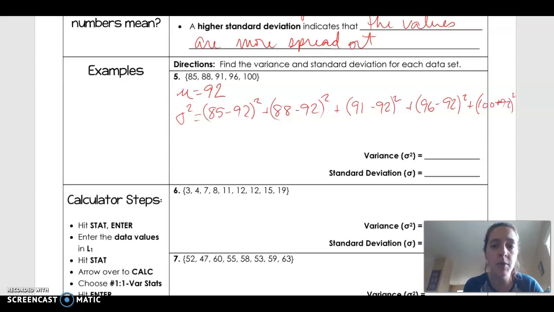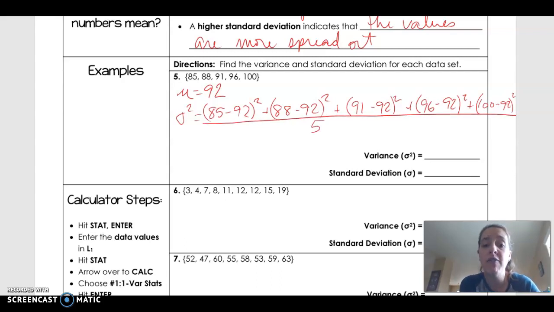I'm going to get my eraser out and make it look like it's supposed to. So I take every single data point, subtract the mean from it, and square that. Then I'm not quite done, because I have to divide by how many pieces of data I have. So again, I have 5 here.